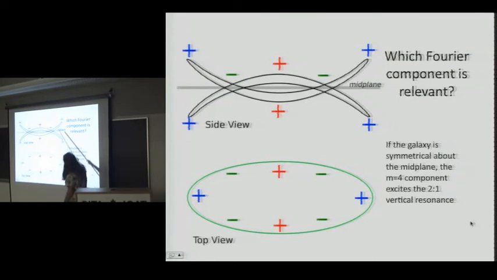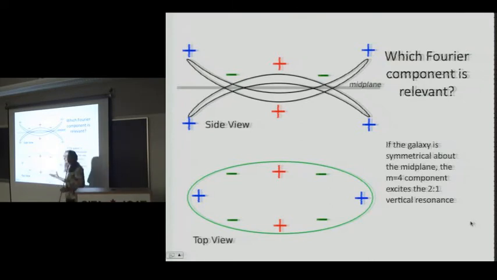The way to think about this is if you have a star that goes up and down and up, because if the galaxy is symmetrical, it feels a plus push here and here and here, and then when I map that down in the plane, I get pluses in the potential in 4 places, and that's an m equals 4 structure. And so the m equals 4 perturbation in the bar excites the vertical resonance as long as the galaxy is axisymmetric.